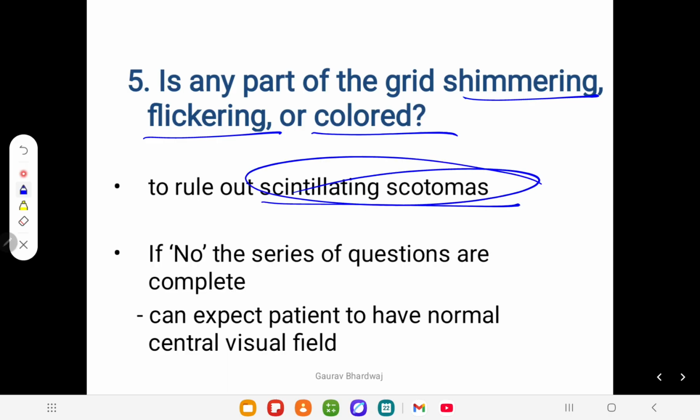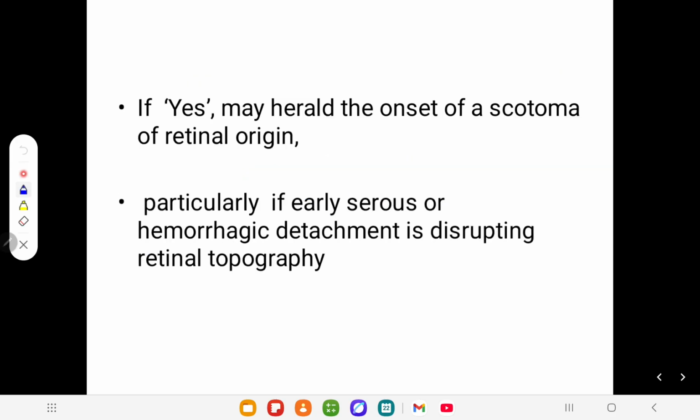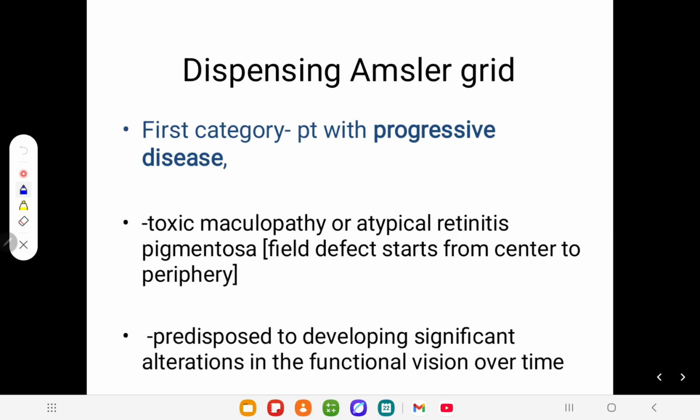Sometimes it's flickering. If no, the series of questions is completed and a normal visual field can be expected. If yes, it may herald the onset of a scotoma of retinal origin, particularly if early serous or hemorrhagic detachment disrupts the retinal topography. In that case some flashes can be seen, or sometimes the scotoma comes and sometimes goes. It can happen.